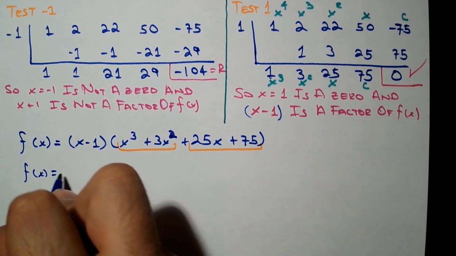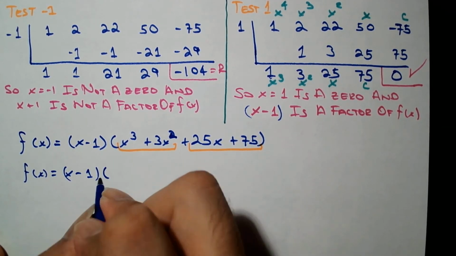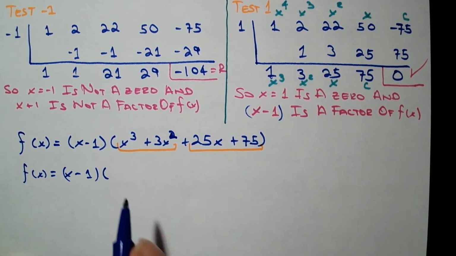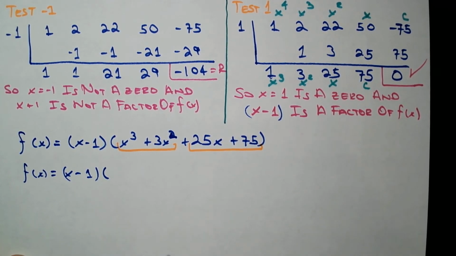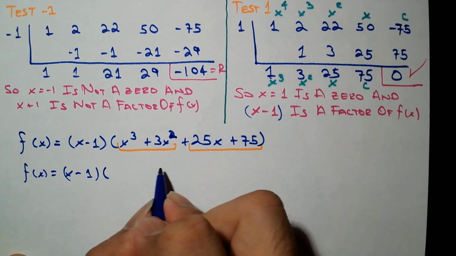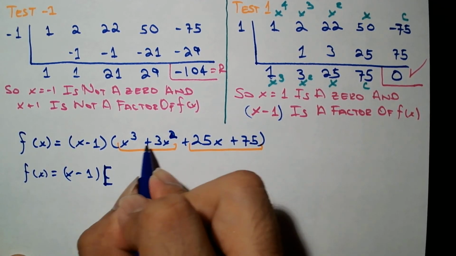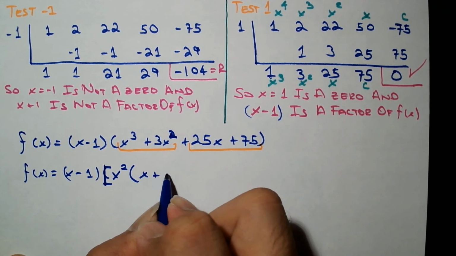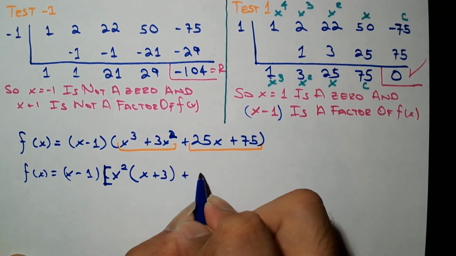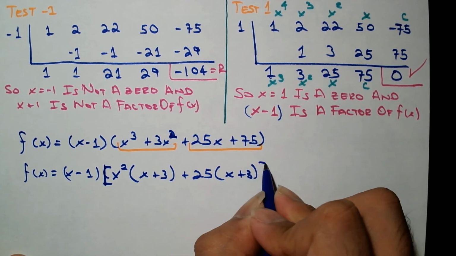So f of x will be x minus 1, and what is this going to be? Oh, I'm going to use brackets because I'm going to factor the GCF, which is x squared times x plus 3, factor the 25, x plus 3.